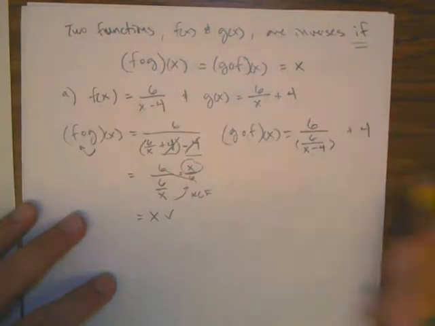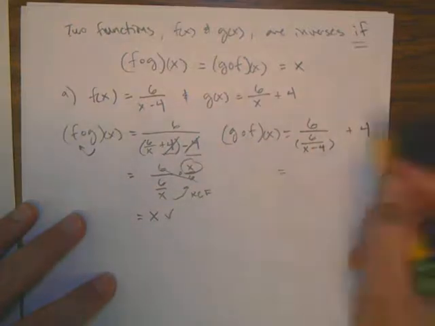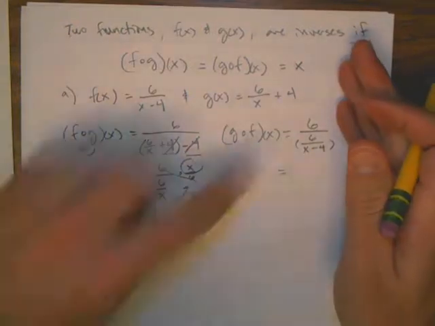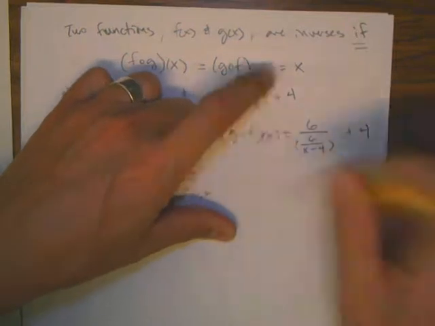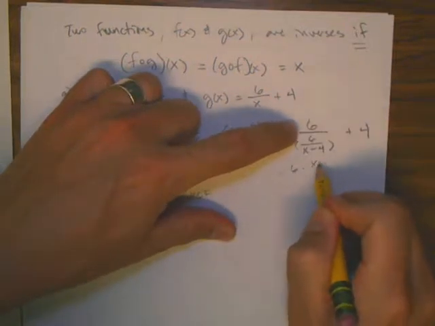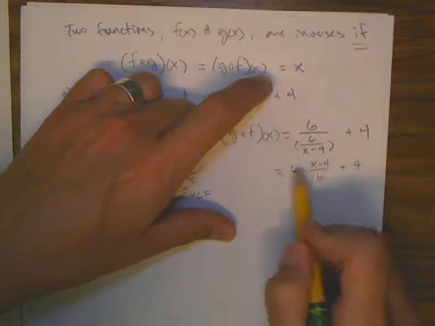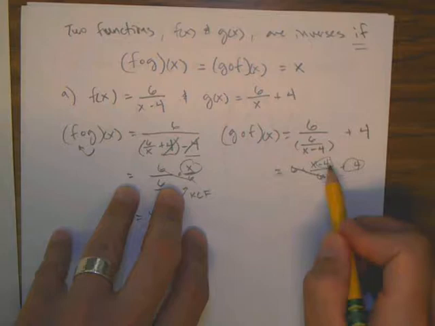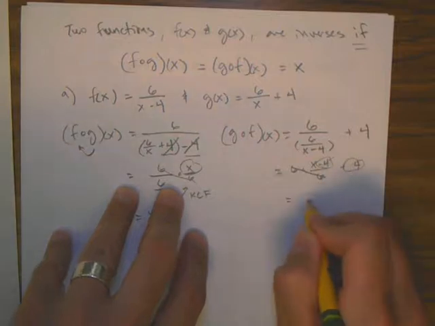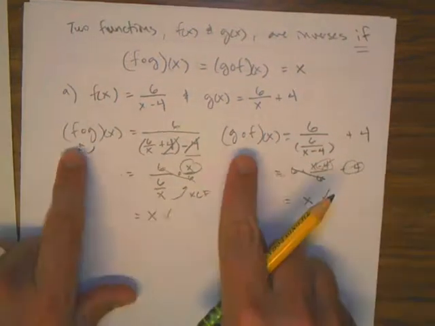So what you do is you leave off that 4 for now, keep, change, flip this fraction, and you get 6 times x minus 4 over 6 plus 4. Those go away. And what happens to our negative 4 and our positive 4? Those also go away, leaving us with x. Check. We prove that f of g of x equals x, and g of f of x equals x.